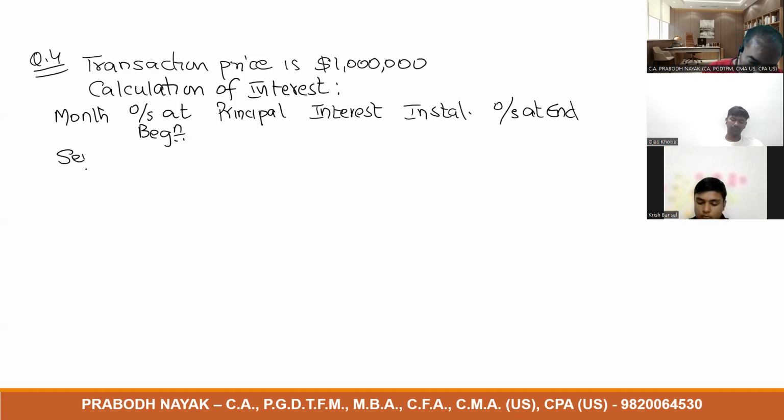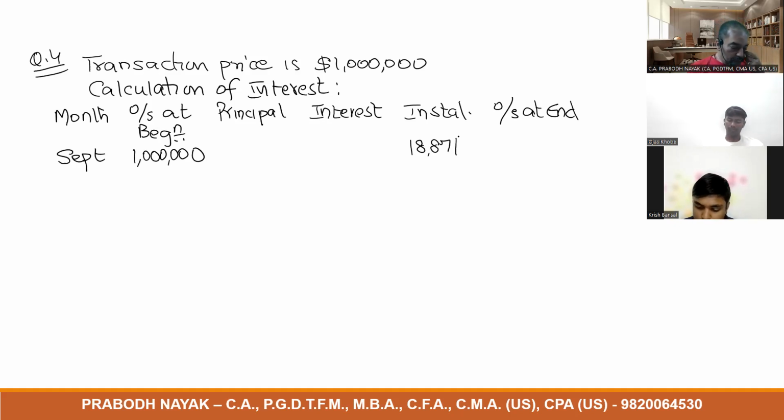Month of September, you had started the transaction. Outstanding amount was $1 million. Installment is 18,871.